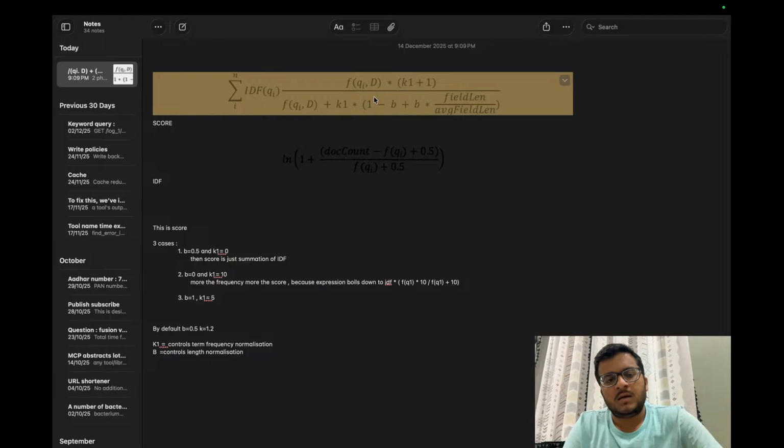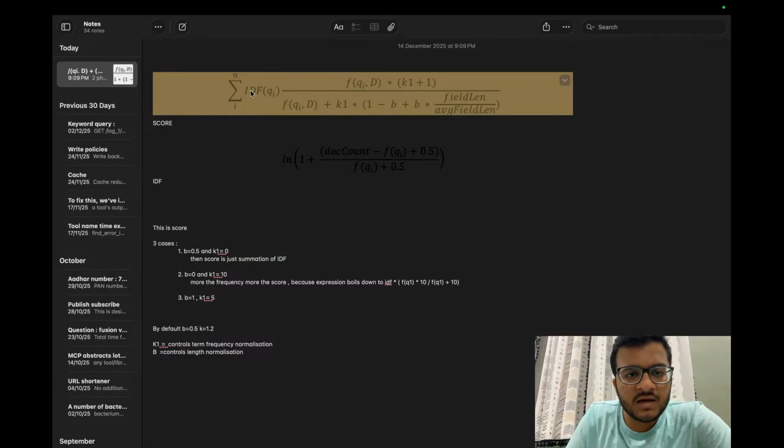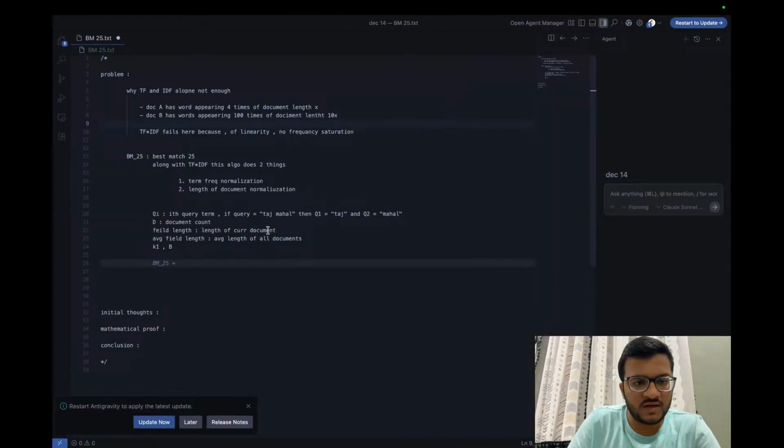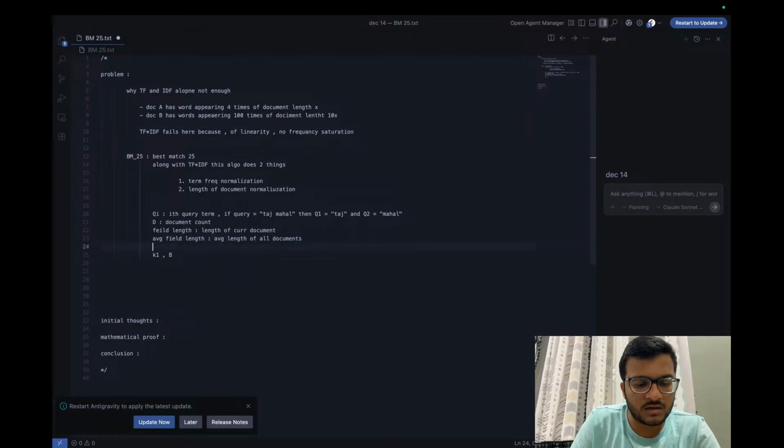So let's see. For a given data set, for a query, inverse document frequency is constant. It keeps changing, but you cannot manually control it. For a data set and for a given query, this will be constant. This f of qi comma d is the frequency of term qi in document d.